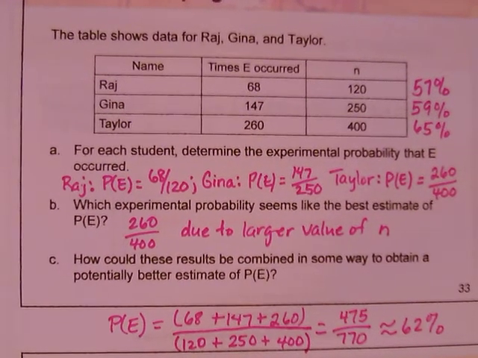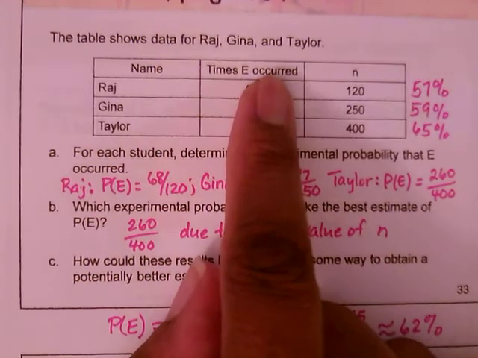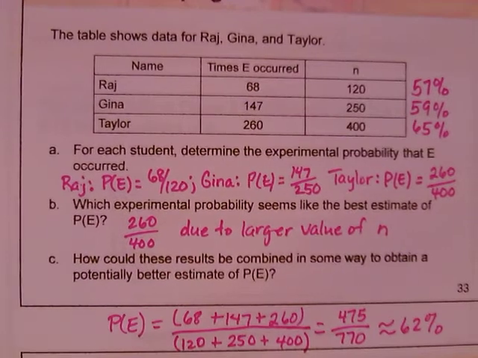So basically all I did was add all the number of times that E occurred for all three and your n values for all three. Divide the total number of times E occurred by the total number of n. That would be your probability.